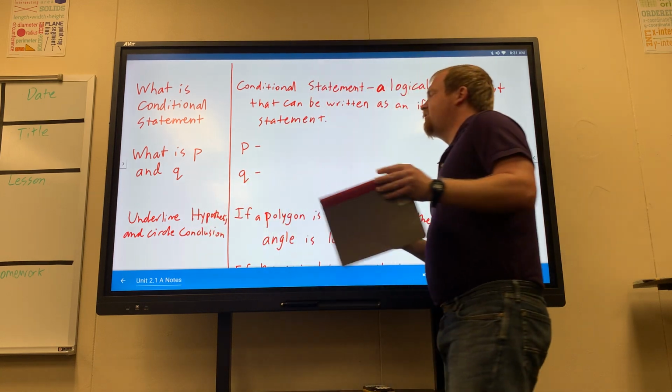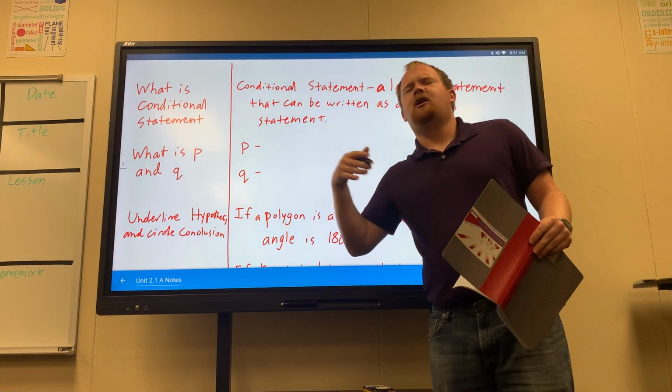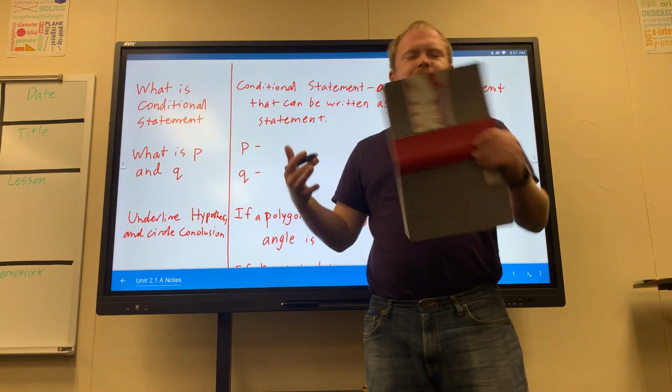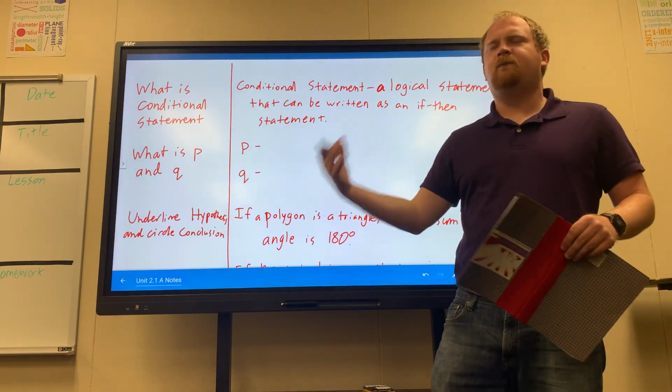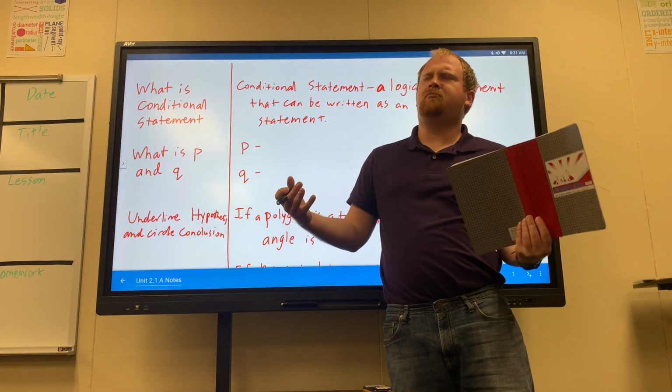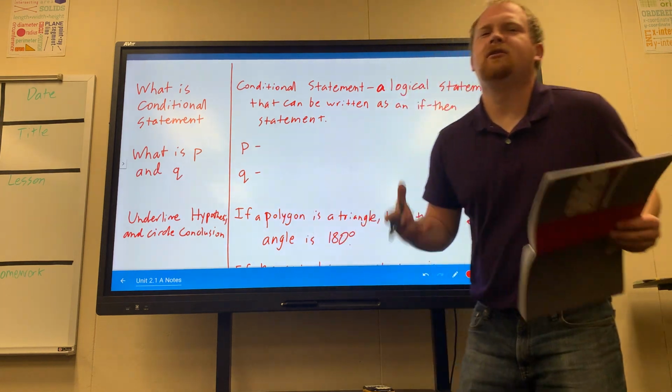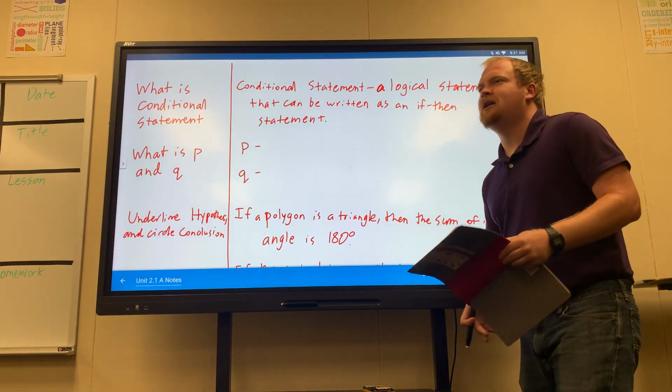So basically what it's talking about is you say, if something happened, then B will happen. If this happens first, then B will happen next. That's basically what an if-then statement is.